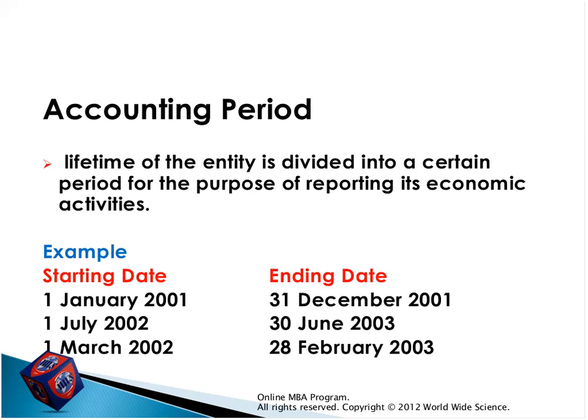We can start to write down our account from the 1st of January and finish on the 31st of December and make the reporting, right? And if you would like to do your balance sheet during the year, of course you can do it. You can start from the 1st of July and finish after 1 year, which would be the 30th of June.